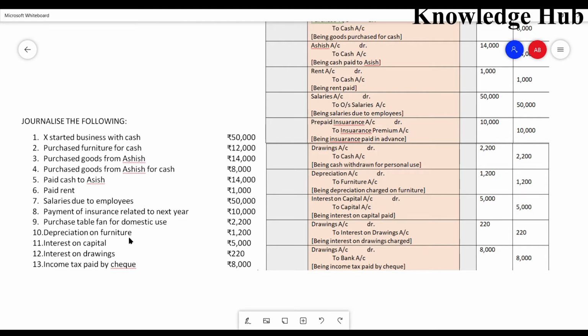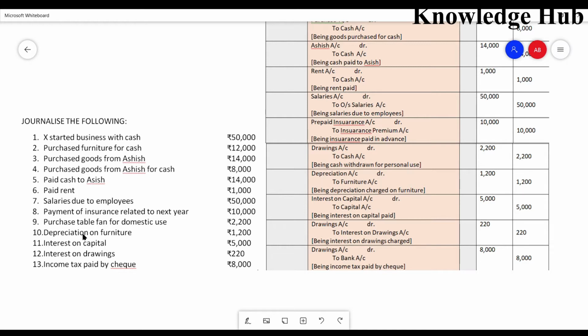Depreciation on furniture at the rate of rupees 1200. So depreciation basically means the reduction in the value of an asset. So depreciation is an expense and furniture is my asset and it's a part of the real account.